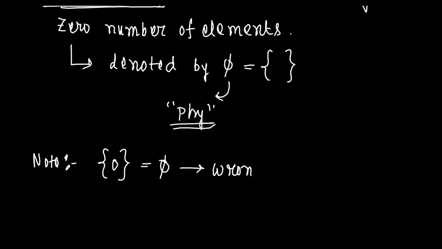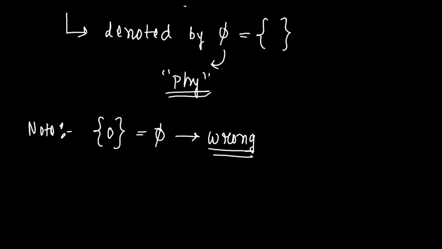It is not a null set, because an element is present, that is 0 inside the set. The condition for the null set is that it contains zero number of elements, but not 0. Many students think that this is phi, but this is wrong. The actual one is this.